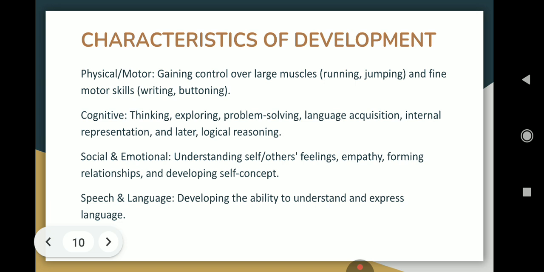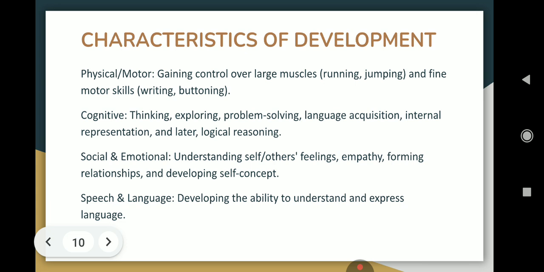first a child will be trained to walk or run or do something, everything which engages the large muscles, that is gross motor skills. Then slowly, gradually the child will learn to use their fine motor skills like writing, buttoning, drawing.